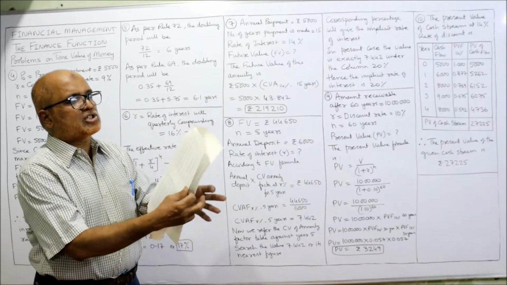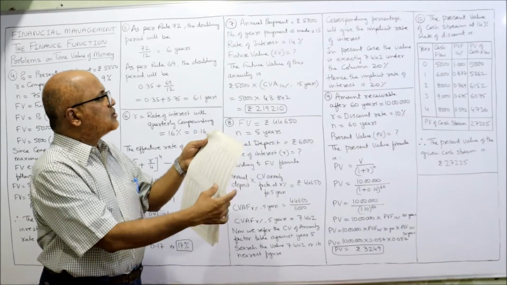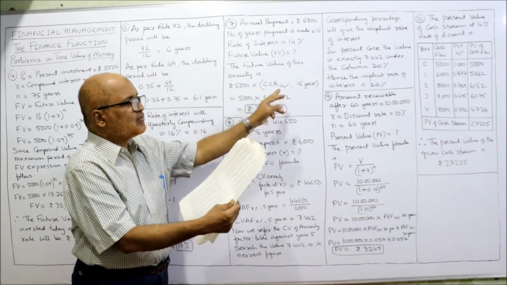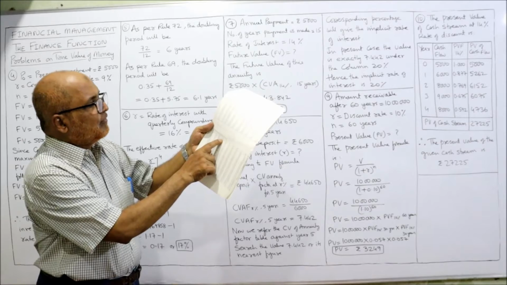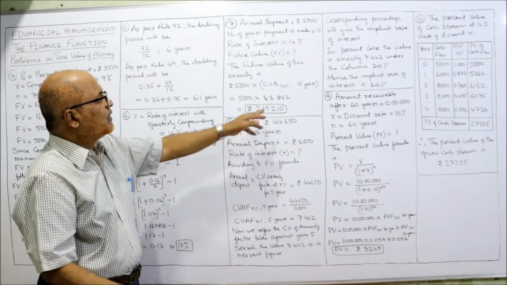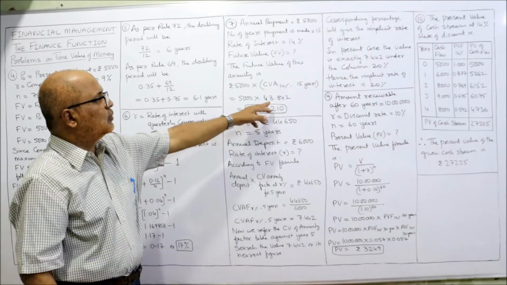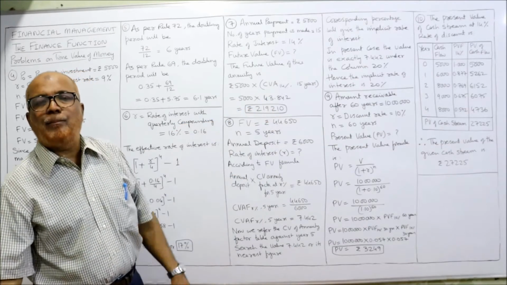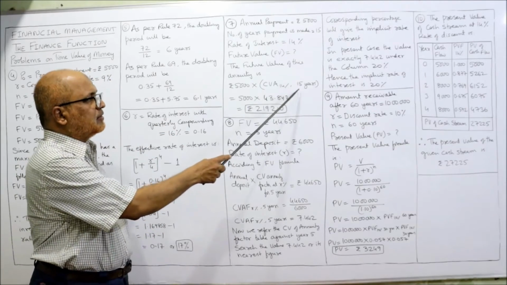So here on the next page it is given, compound value of annuity. How many years? 15 years, 14%. So here it is 14%. Now 15 years, it's coming to 43.842. So this is the compound value of annuity at 14% for 15 years.